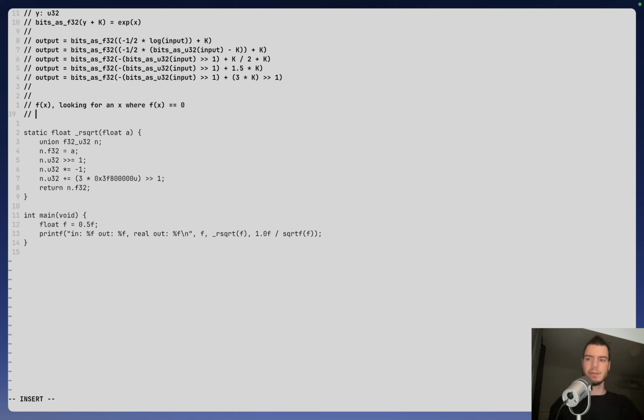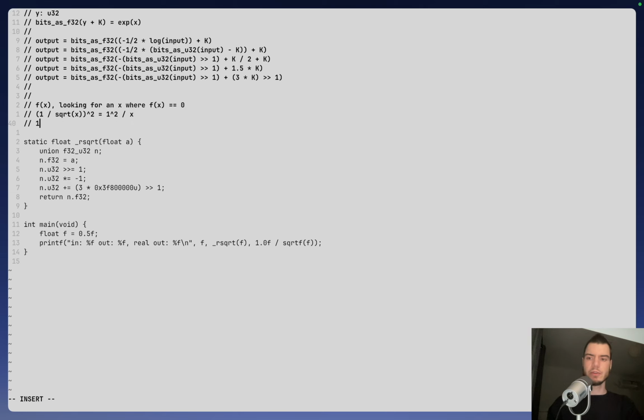Let me try to write this down. So our inverse square root looks like this. And if we now take this whole thing to the power of 2, we get 1 to the power of 2 divided by x.